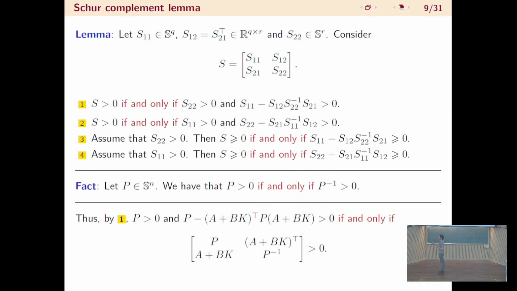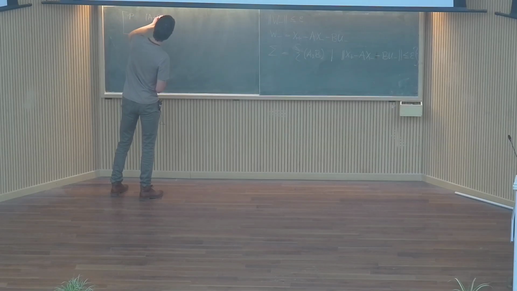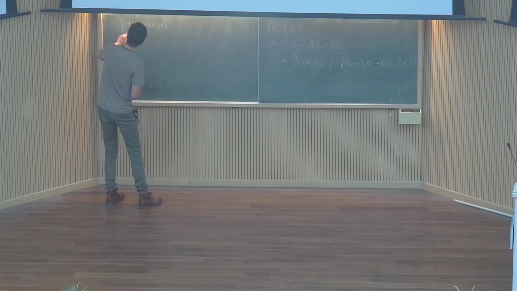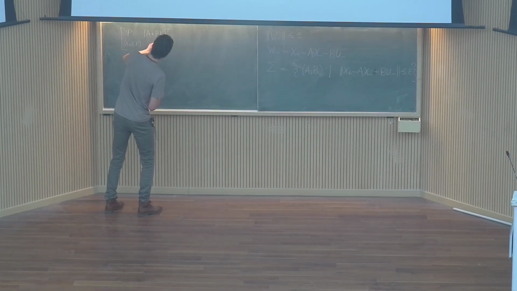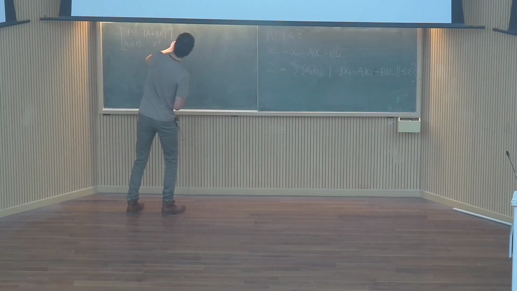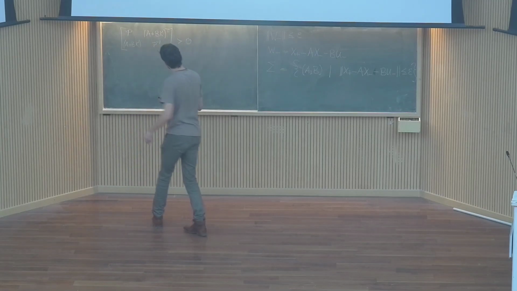So my proposal is we view this big matrix now as the matrix S over here. And then we're going to apply item 1. So let's write this big matrix. So I have something like P, A plus BK transpose, A plus BK, and P inverse, which is positive definite.